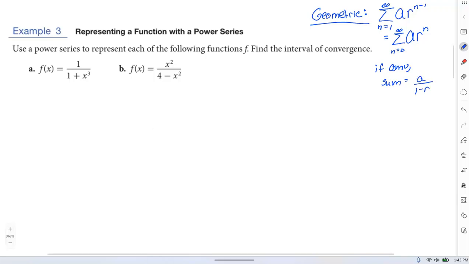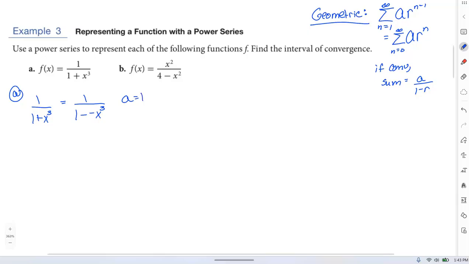So what we're going to try to do is force this 1 over 1 plus x cubed to look like this a over 1 minus r. And if I can do that, then I can look at creating that geometric series. So let's look at that. We've got 1 over 1 plus x cubed. I could think about that as 1 over 1 minus negative x cubed.